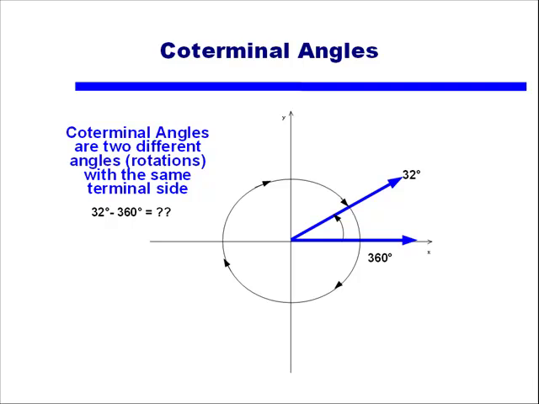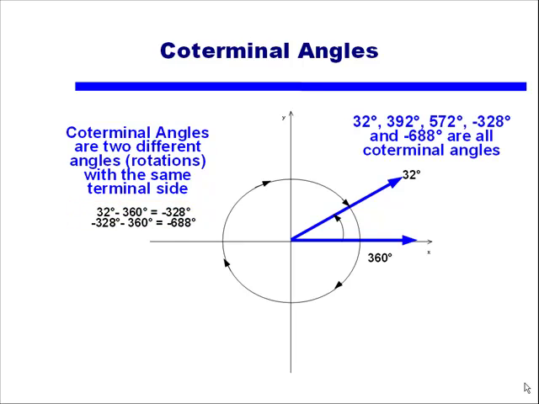So if I take 32 degrees and then rotate it clockwise, that would be a negative rotation of 360 degrees. Well, that's the same thing as taking 32 degrees and subtracting from it 360 degrees, and I would end up with an angle of negative 328 degrees.